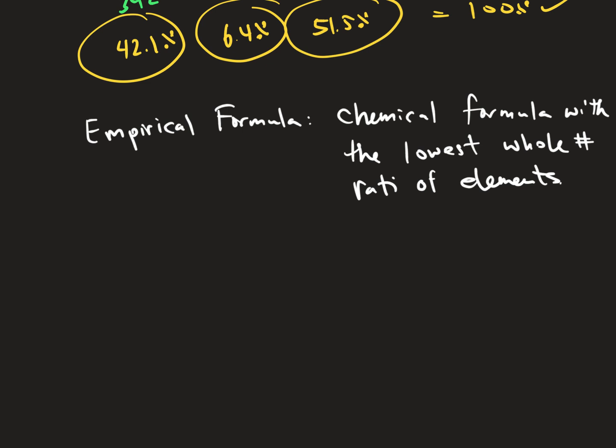Let's say we have 1.71 grams of our substance is carbon, and 0.287 grams of our substance is hydrogen. Okay? So we know it's a carbon-hydrogen compound, right? But the only problem is we don't know what numbers go right here.